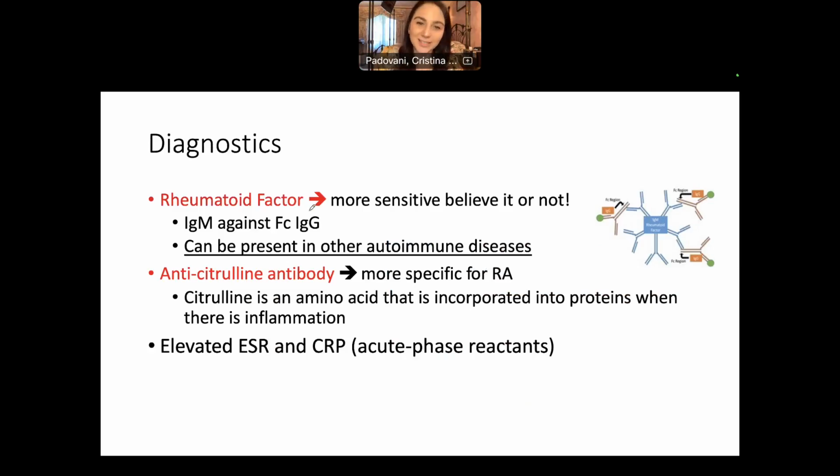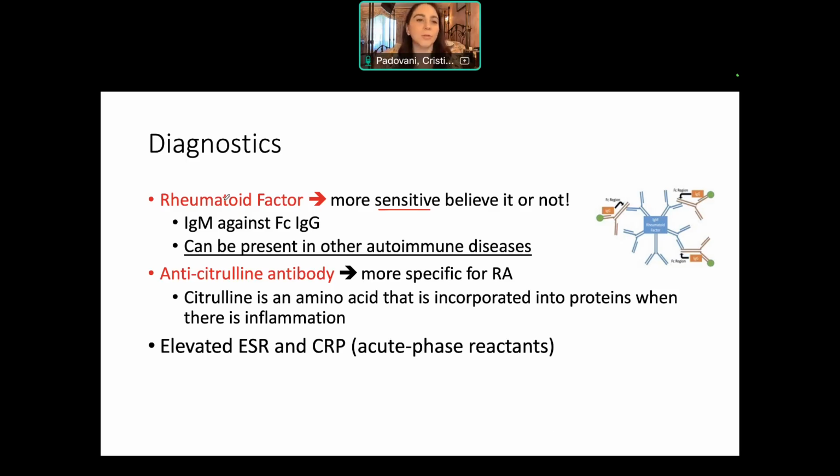Diagnostics: rheumatoid factor. So rheumatoid factor is the more sensitive test. And I put "believe it or not" here because literally the name has rheumatoid in it. But rheumatoid factor can actually be present in other autoimmune diseases. I've seen so many people get got with rheumatoid factor because the test writers are trying to be cheeky and they are writing a lupus question and then they throw in, oh, there's an IgM against an IgG antibody.